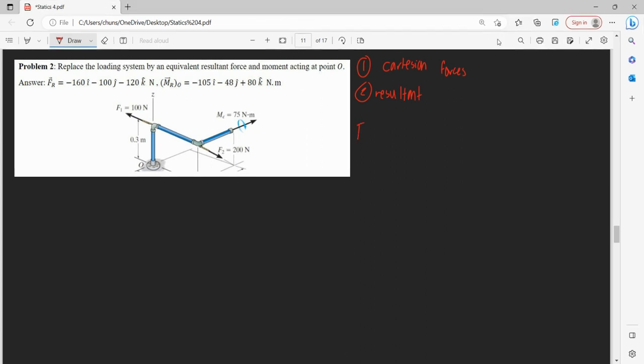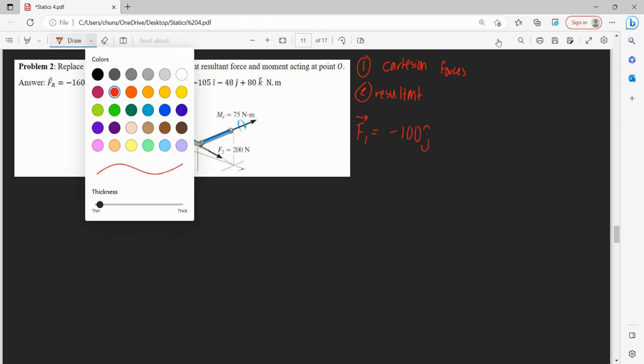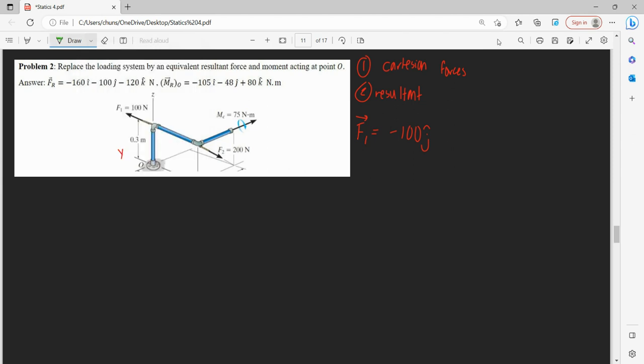So if we start with F1, sorry, I've got my bearings again, we can see that this is our y-axis. So we see that it is in our negative j direction, negative y direction.